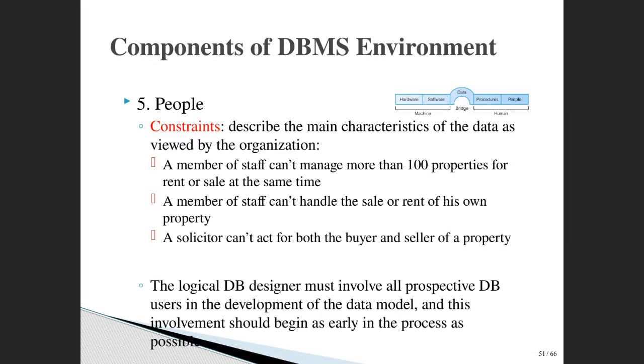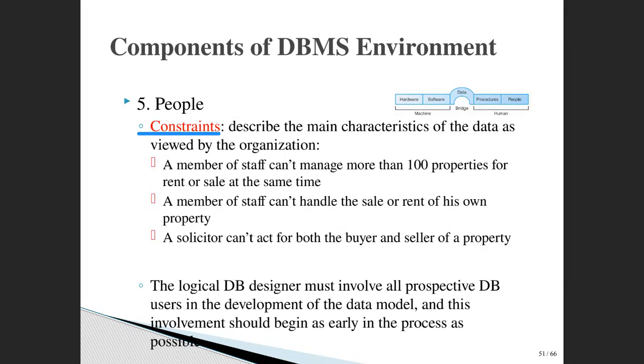What is the constraint? There's more detail here about how to define the constraints. These are characteristics of data. For example, you can restrict the number of certain data, like the number of items stored. They provided some examples for you.